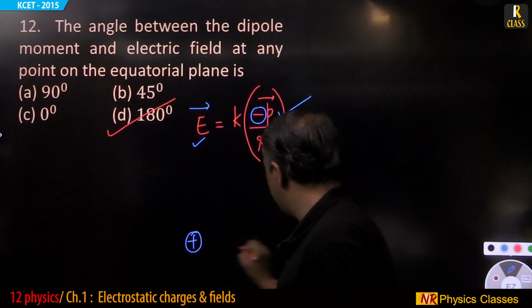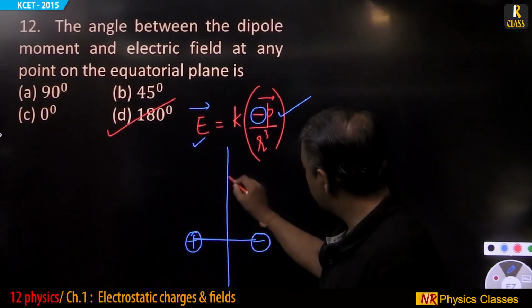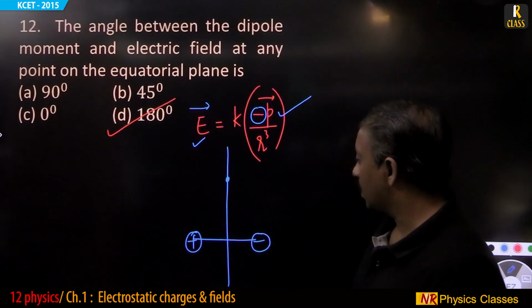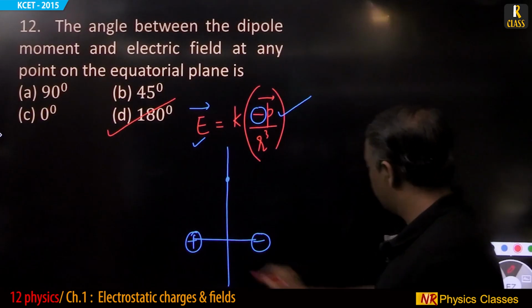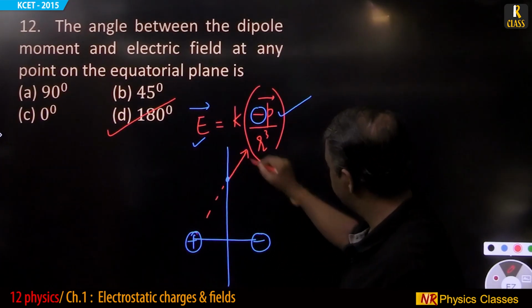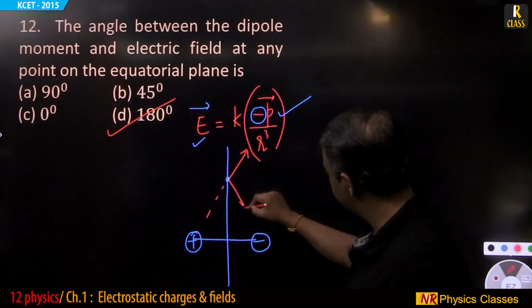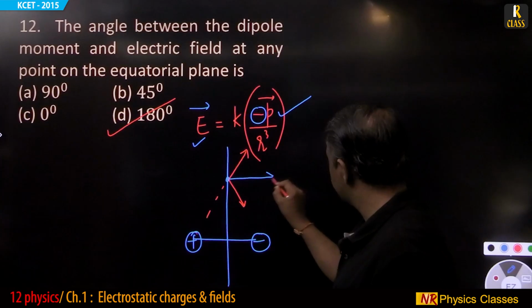Now let me use a diagram. Positive charge, negative charge, dipole, a point on the equatorial plane. This is the equatorial plane. Because of positive charge, electric field is away. Because of negative, towards. Resultant of these two will be in this direction.